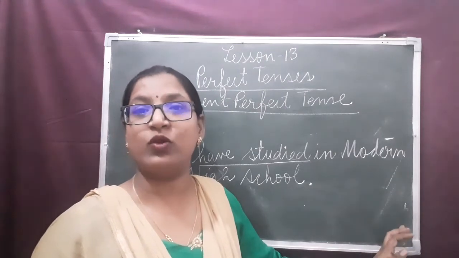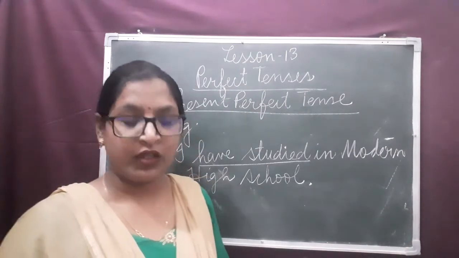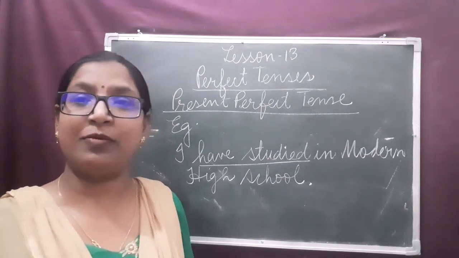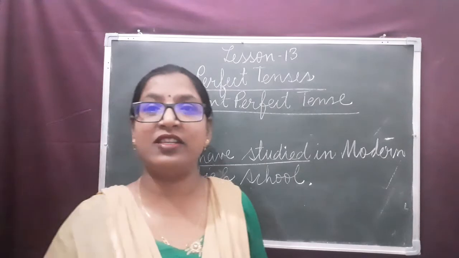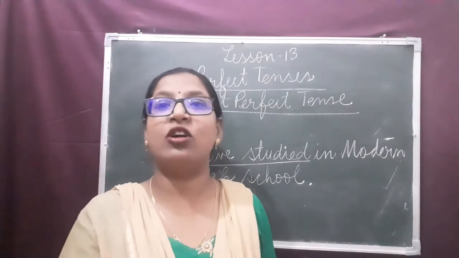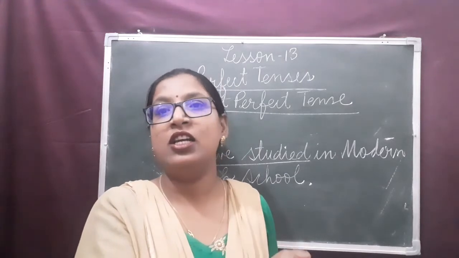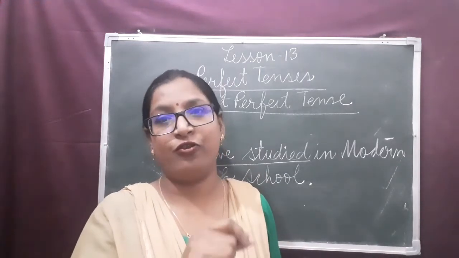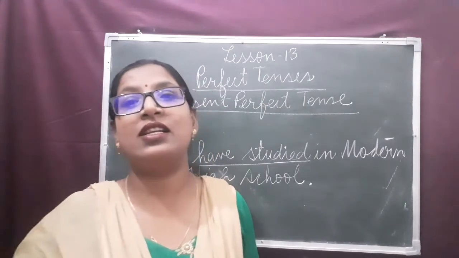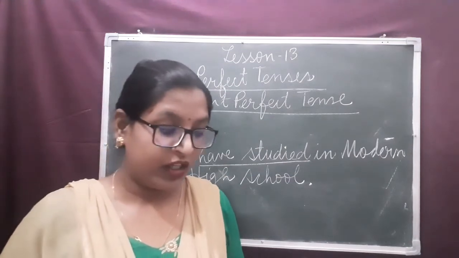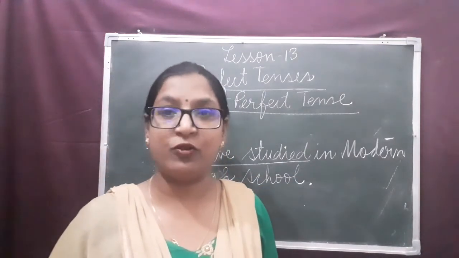Okay, so dear children, always remember present perfect tense means the action started in the past and completed just now or sometime earlier in the past, and the impact of this action is still connected with the present. Got it? So this is called the present perfect tense.